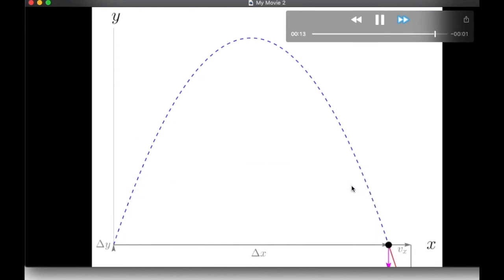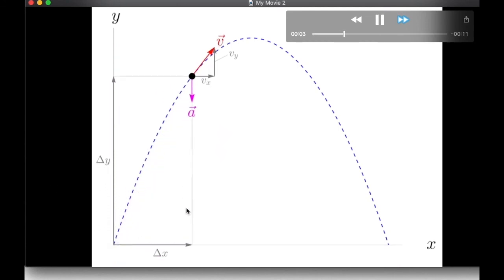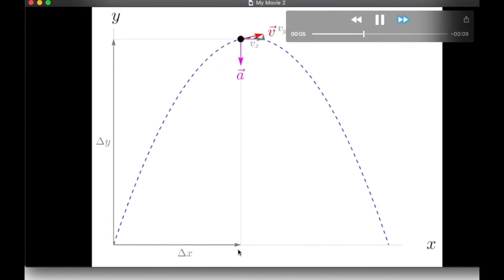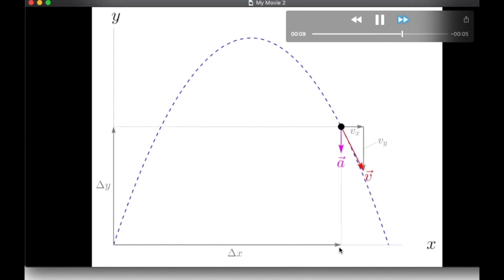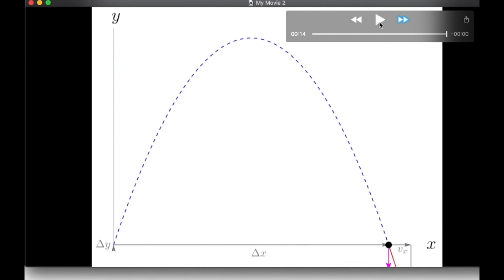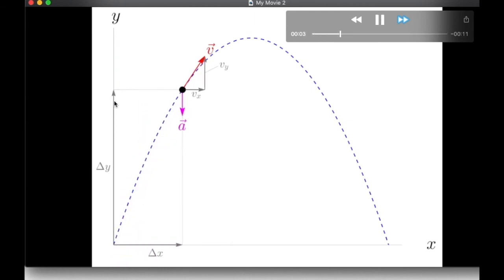Let's look at two more things, delta x and delta y. Delta x is the horizontal displacement. You might see a little vertical line here that's tracking the x component, and that just increases at a steady rate. That's our delta x equals v naught x times t. Delta y behaves exactly like delta y did for our one-dimensional free fall motion last time. It goes up as the object rises.